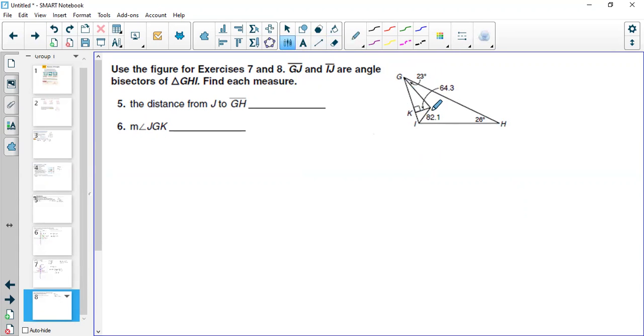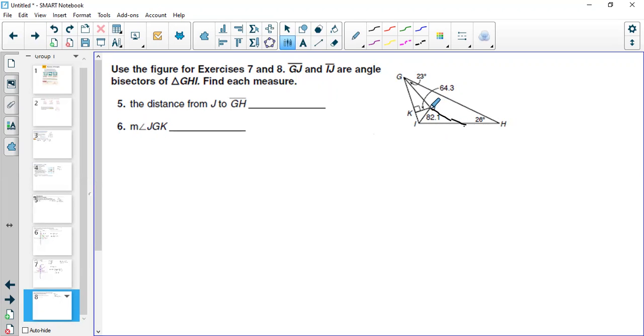You need to find out whether from the center, did they give the distance for any other midpoint? So for example, from J to IK, did they give the distance from J to IH? No, they didn't.